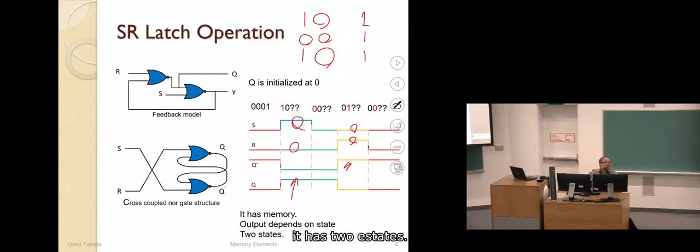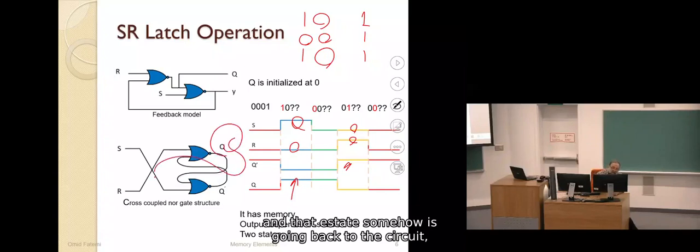So it has 2 states. As you could see, either Q is 0 or Q is 1, and either Q prime is 0 or Q prime is 1. And that state is going back to the circuit and it affects it. So with this kind of feedback, we made a memory here.